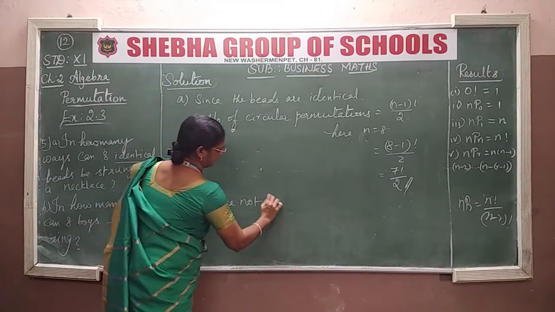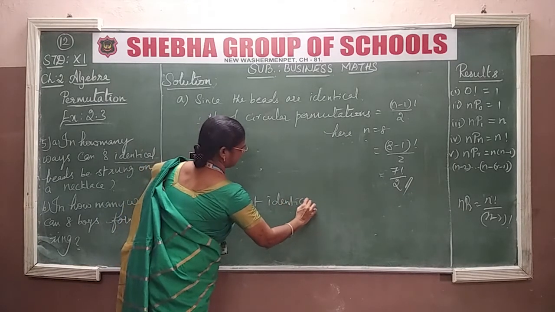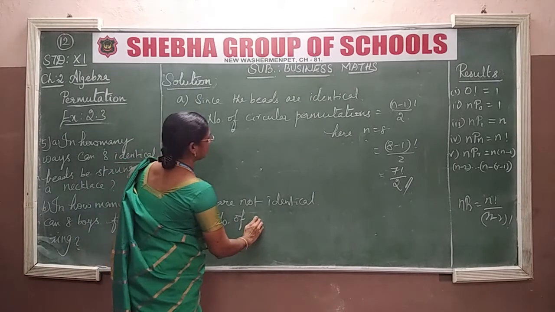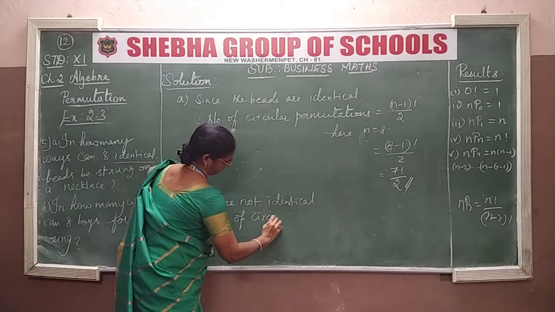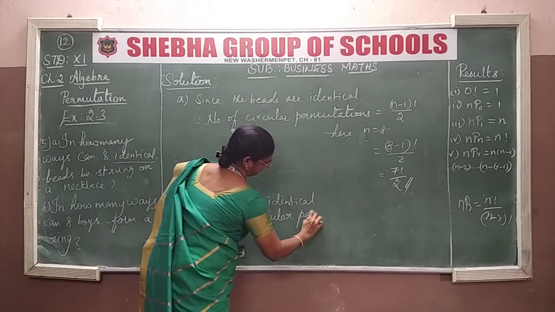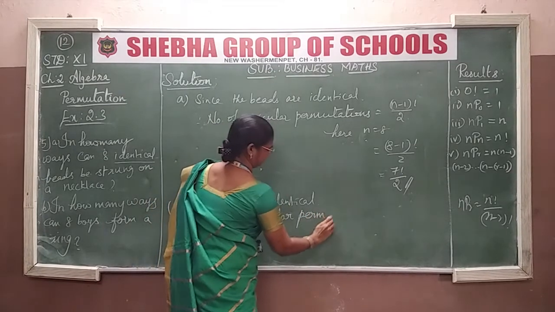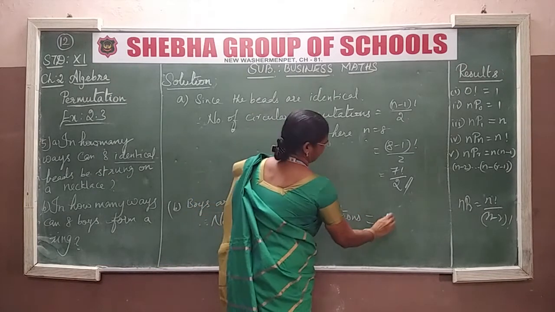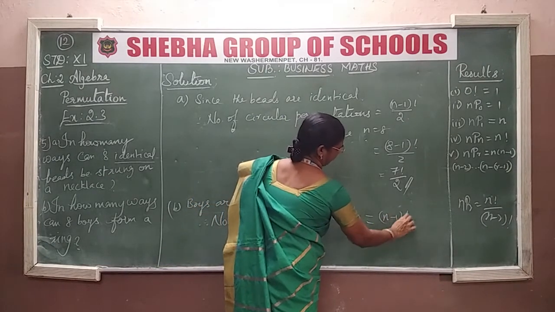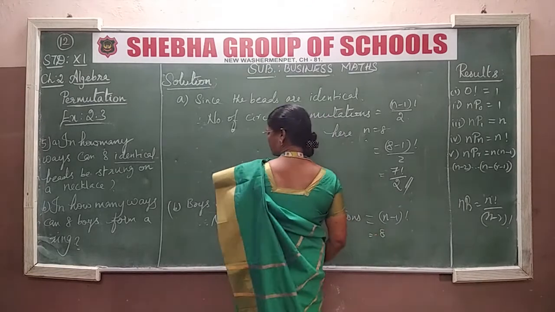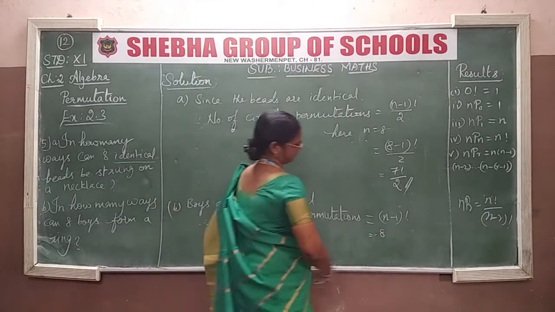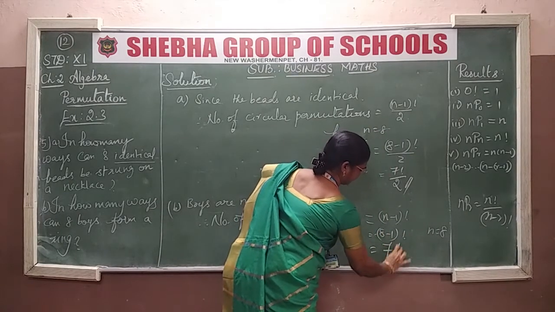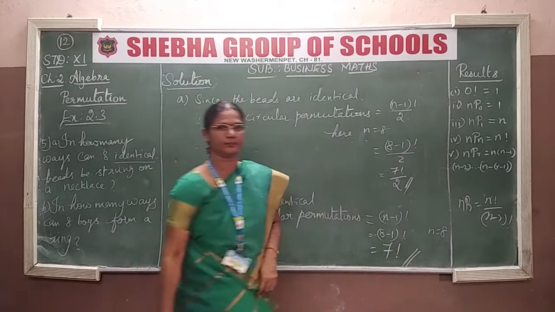Boys are not identical, and therefore the number of circular permutations is (n minus 1) factorial. Here also n is 8. So (8 minus 1) factorial, we get 7 factorial. Understood?